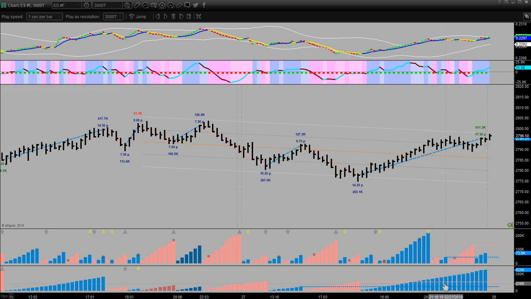Another useful way to use both these wave settings is to look where the signals confirm with each other. Like for instance here, we've got an effort versus result situation on the smaller setting and on the larger setting. Look at the nice down move afterwards.